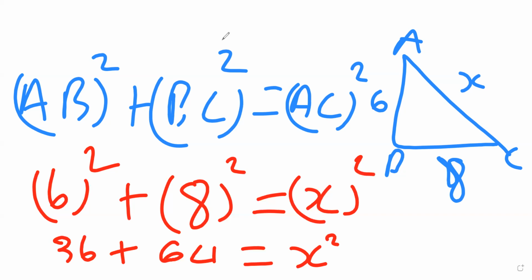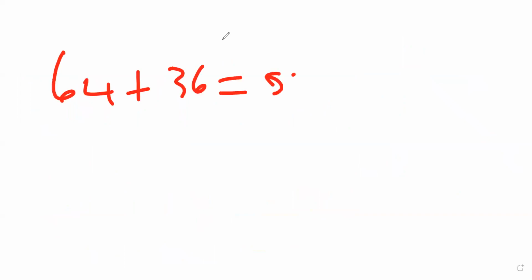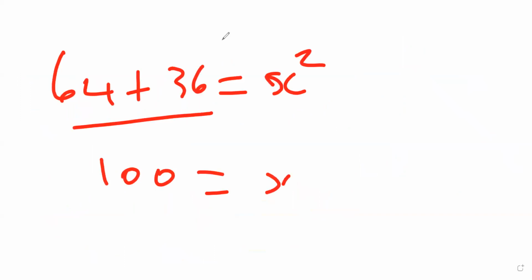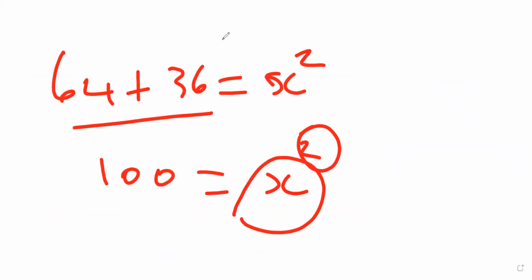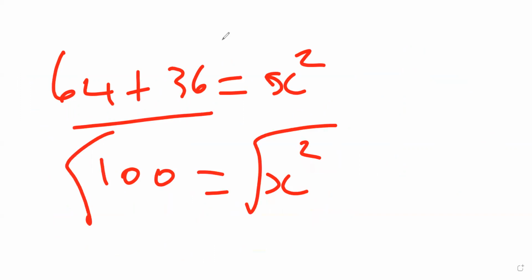All right, let me clear this up. So we have 64 plus 36 is equal to x squared. When we add this, we get 100. Then we want to get rid of this square so we can have x by itself. And the opposite of square is square root. Whatever we do on one side, we do the same thing on the other side.